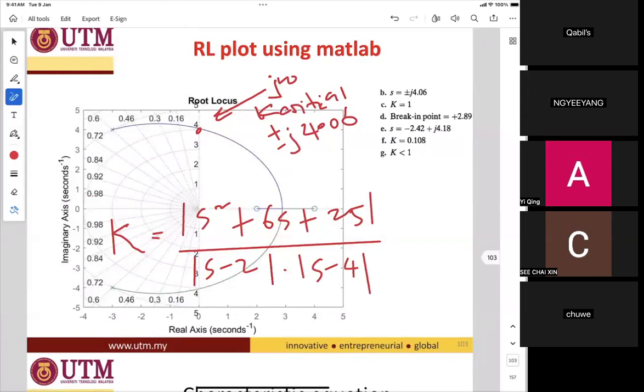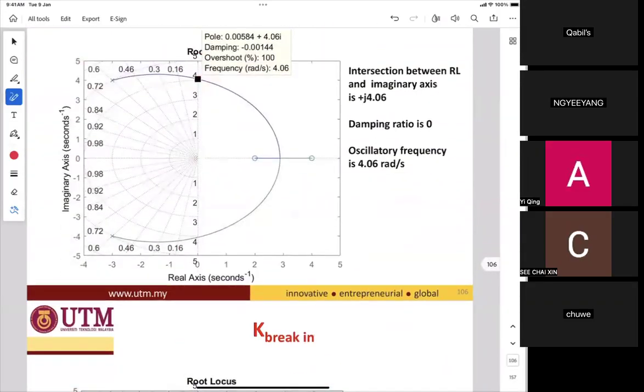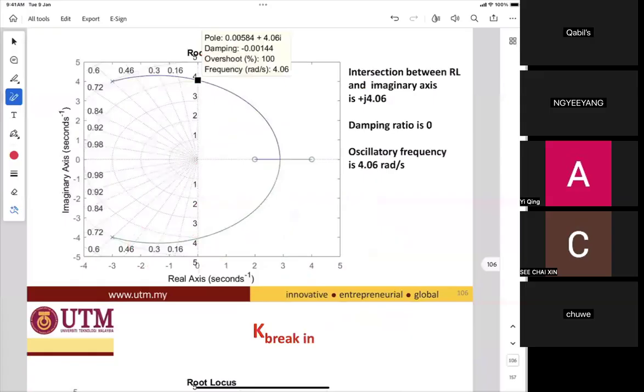You replace s with plus j 4.06, insert inside, then you will get the gain.